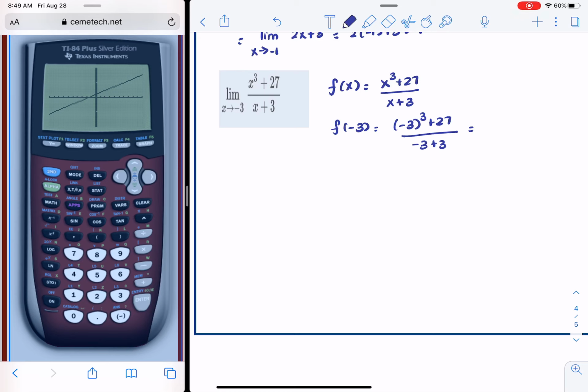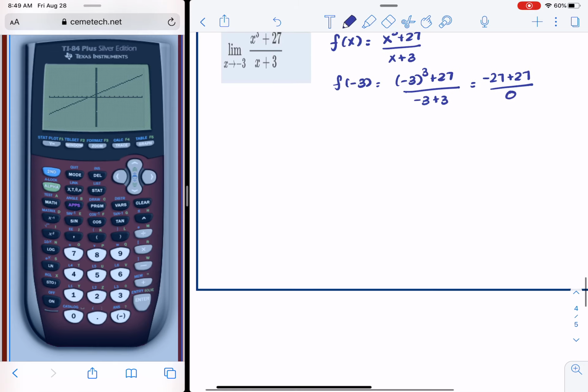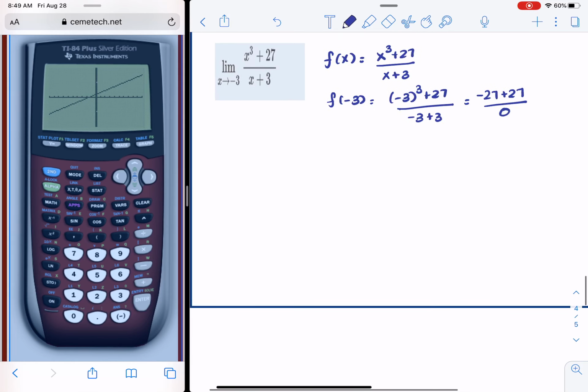Clearly we end up getting negative 27 plus 27 divided by 0. We're ending up in the same issue that we had previously. So first question to ask is, could we simplify the function? By the looks of it, you may say, oh no, we cannot simplify this. But by all means, we can.